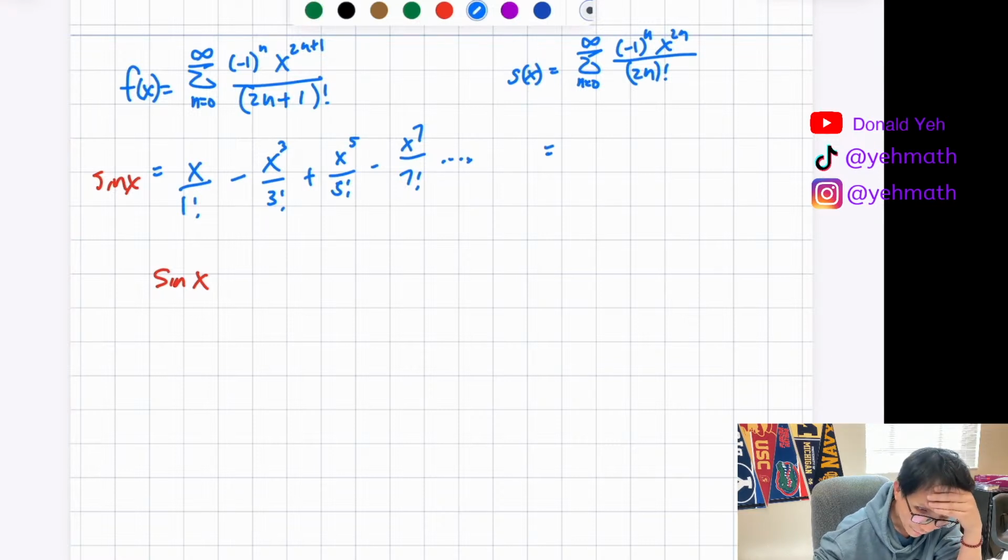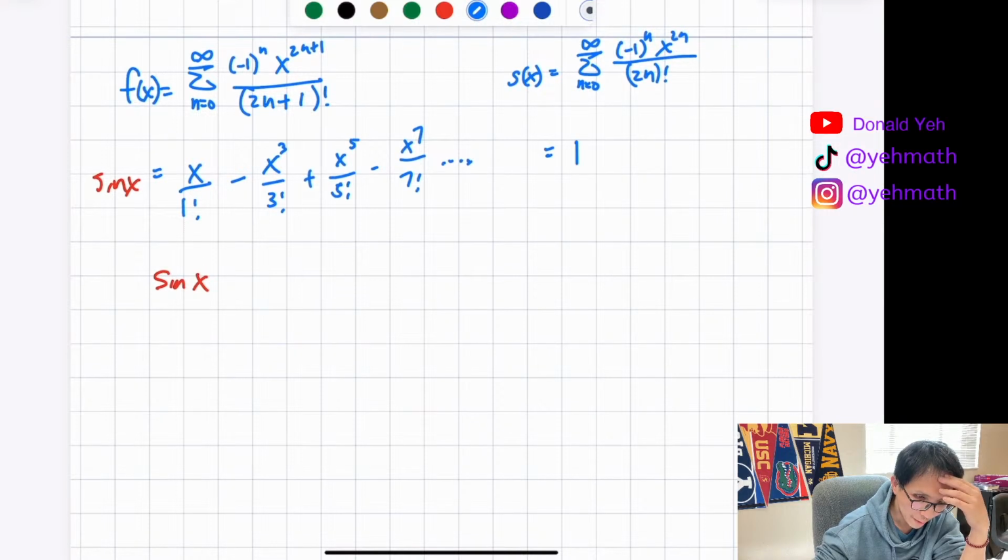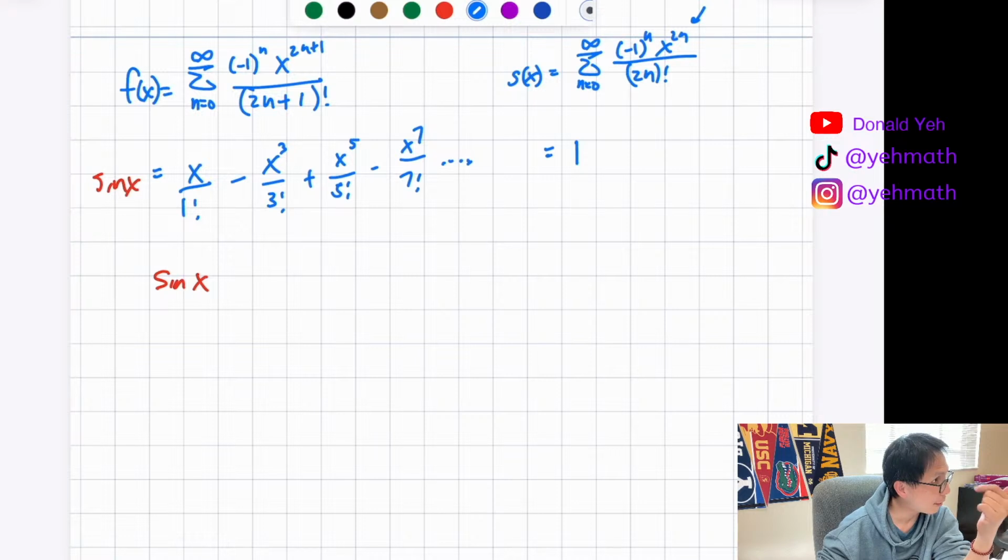All right, so this one, the first thing, if I plug in n equal to 0, I should get 1, because anything to the 0 power is 1, and 0 factorial is 1, and negative 1 to the 0 power is 1.